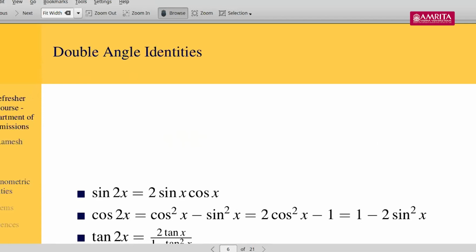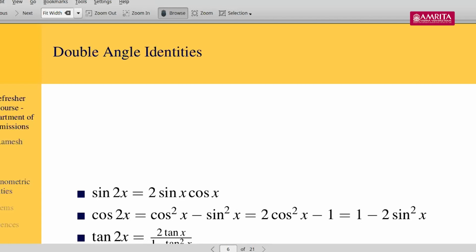And the last one is 1 minus 2 sine squared theta. And similarly, I can give you another identity for tan of the double angle. That is tan 2 theta is equal to 2 tan theta divided by 1 minus tan square theta.